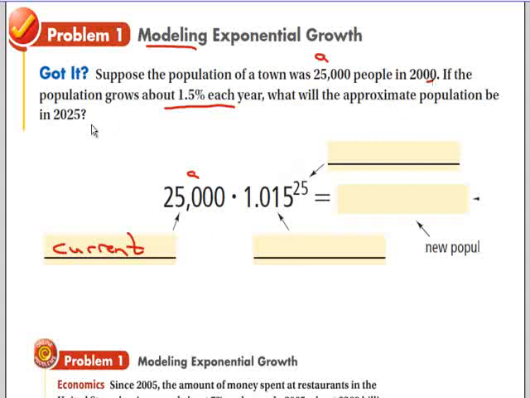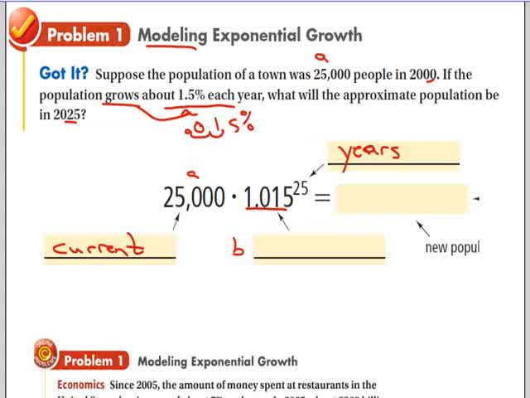From 2000 to 2025, this is the years. New population, so this is going to be my answer. And this whole thing here is the b value, and we know it's going to grow at 1.5% each year. Remember, if I want to change 1.5% into a decimal, I'm going 2 places left, so that is 0.015.